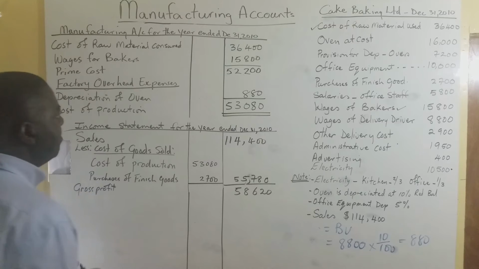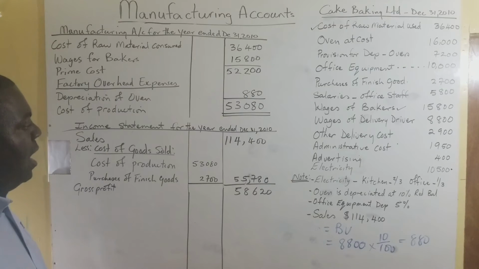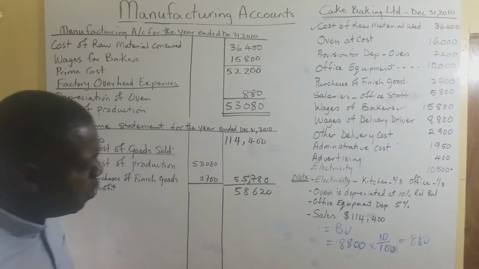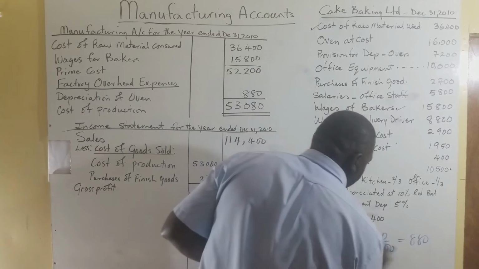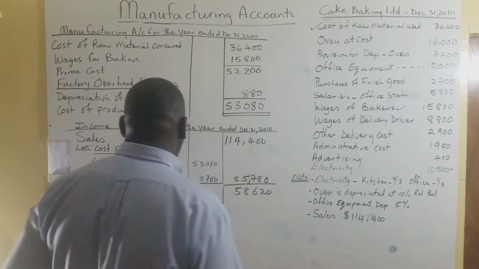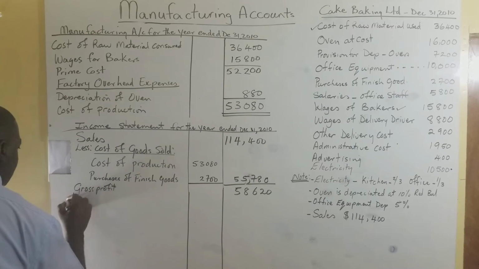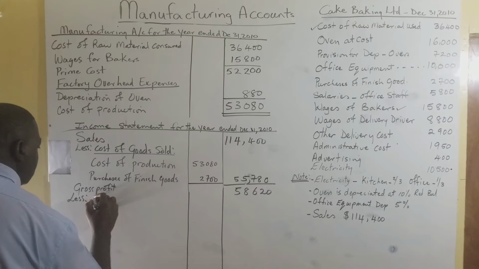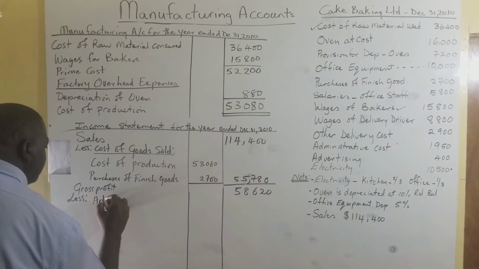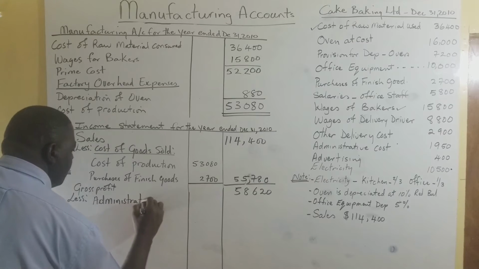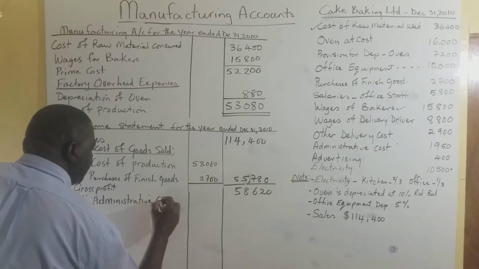So when we come to the manufacturing account, there are three groups of expenses used in the manufacturing account. First section is, so we're going to less, and the first section we're using is the administrative expense.